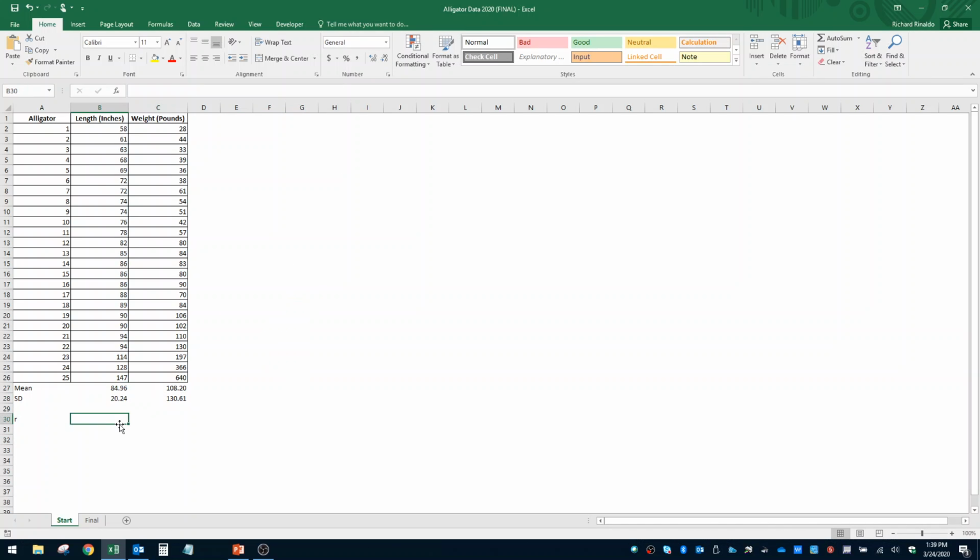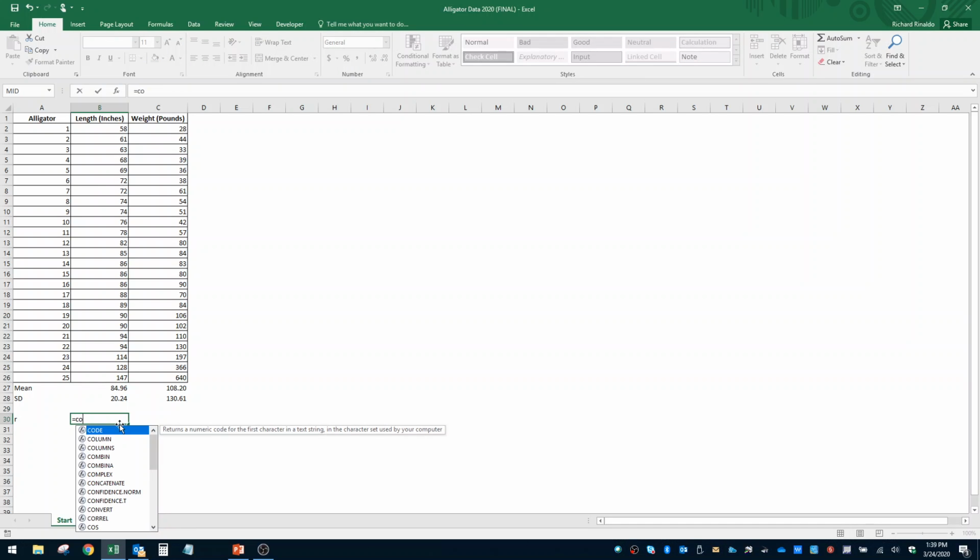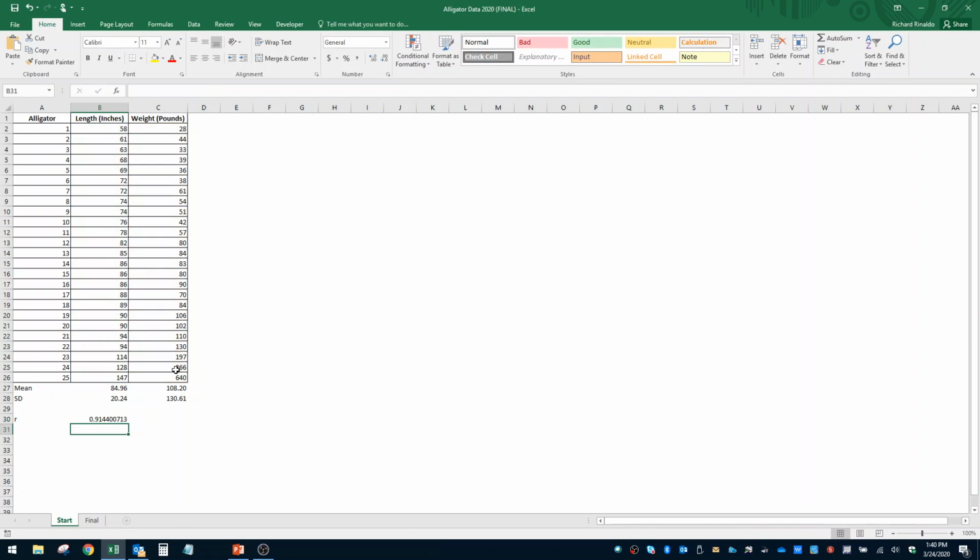And the correlation between length and weight, using the Excel function, so I have a fairly solid correlation between the two.